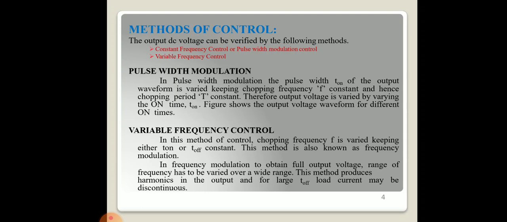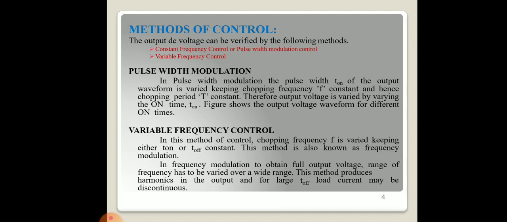Output voltage in a chopper circuit is controlled using two methods. First is constant frequency control or pulse width modulation control. Second is variable frequency control, also known as the frequency modulation scheme.